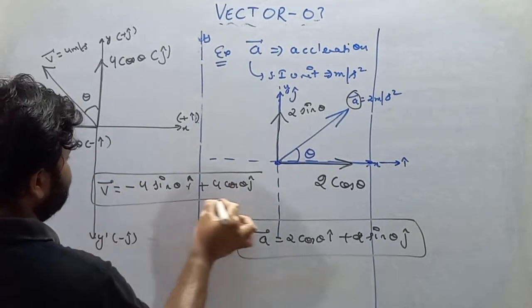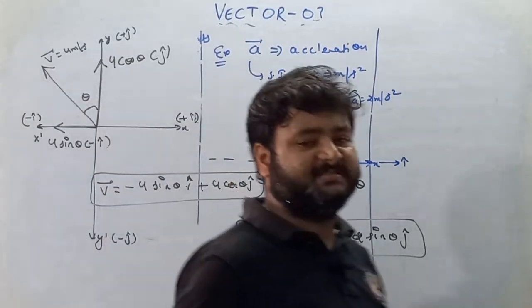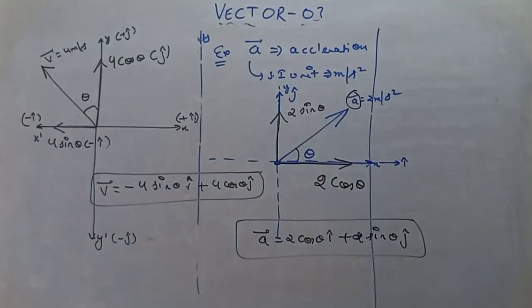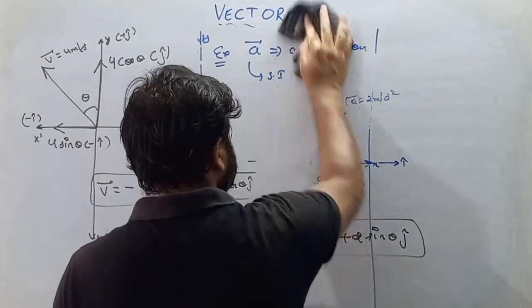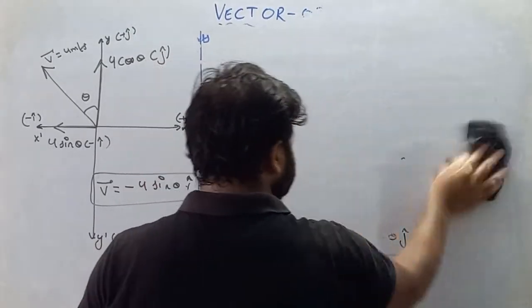So this is the component of velocity if velocity cannot lie on the x-axis or the y-axis, that is, velocity is making some angle, let's suppose theta, with the y-axis. So I hope you all now understand how to make the component of any vector quantity.